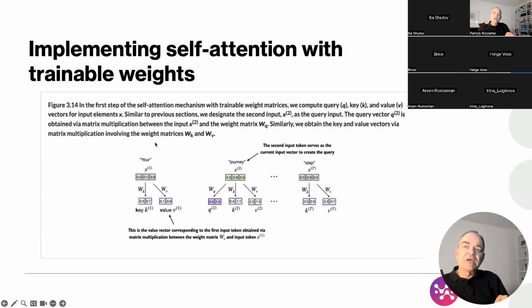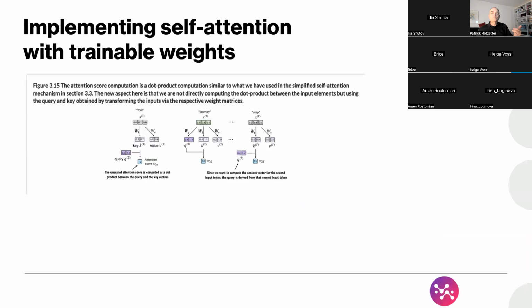So we will first multiply the query matrix with a weight matrix, and then we will also multiply the values and the keys. If you look at the second step, it's pretty similar to what I was trying to explain earlier.